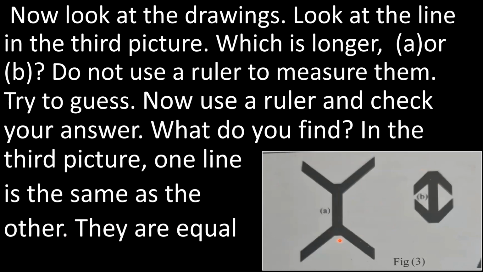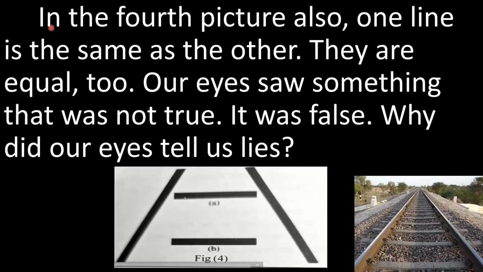They are equal. In the fourth picture also, one line is the same as the other. They are equal too. Our eyes saw something that was not true. It was false. Why did our eyes tell us lies?